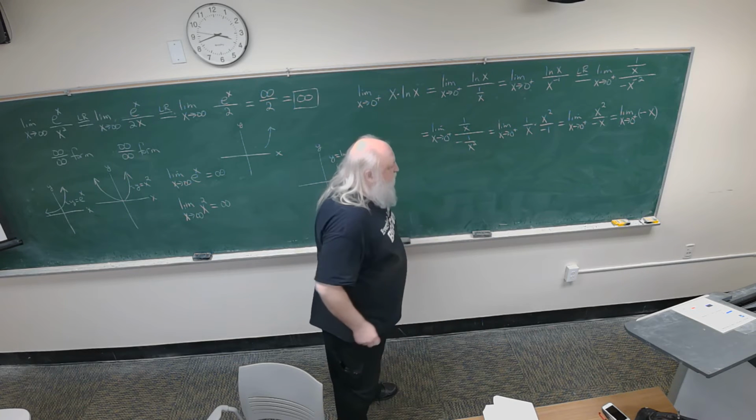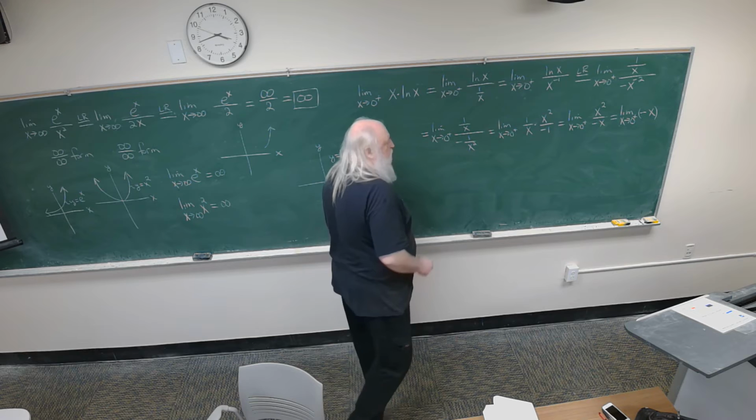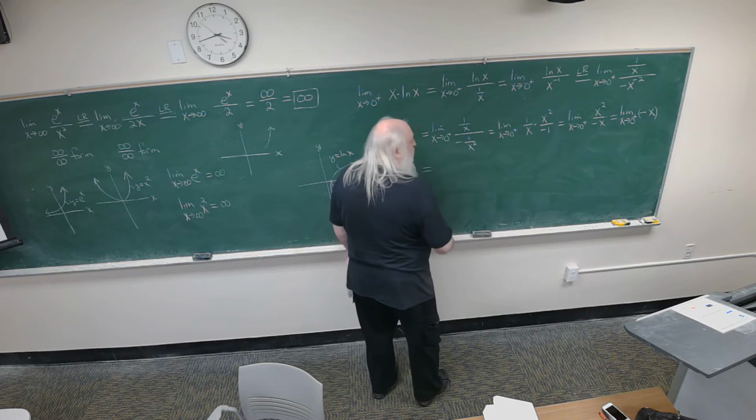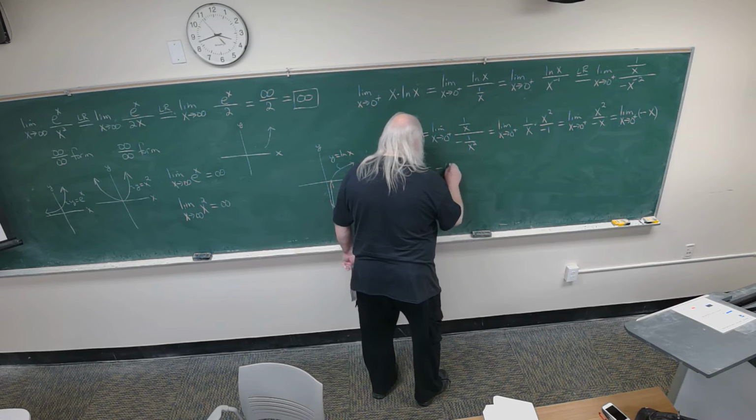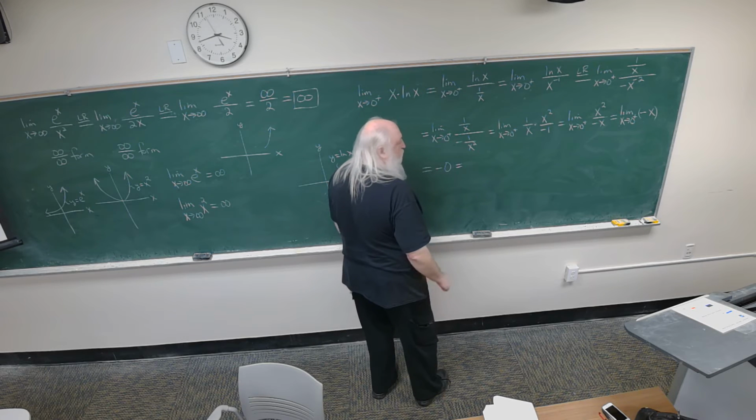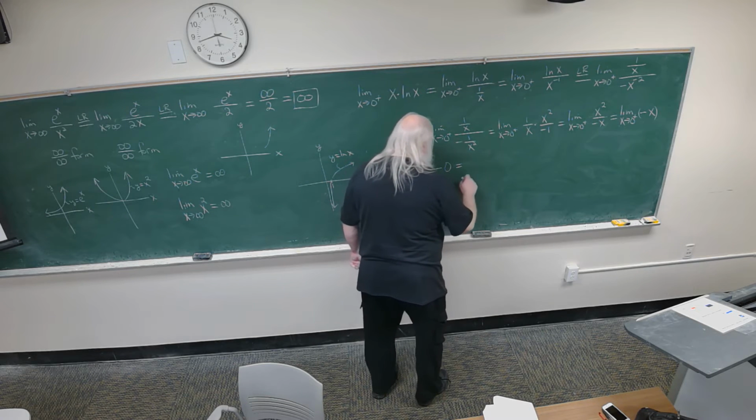And now you do the direct substitution, and you have a negative 0. Right, we put 0 in for x, and negative 0 is just 0.